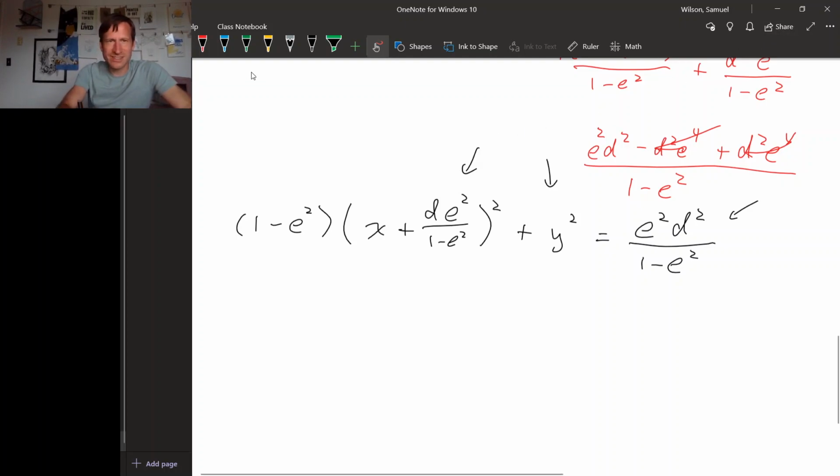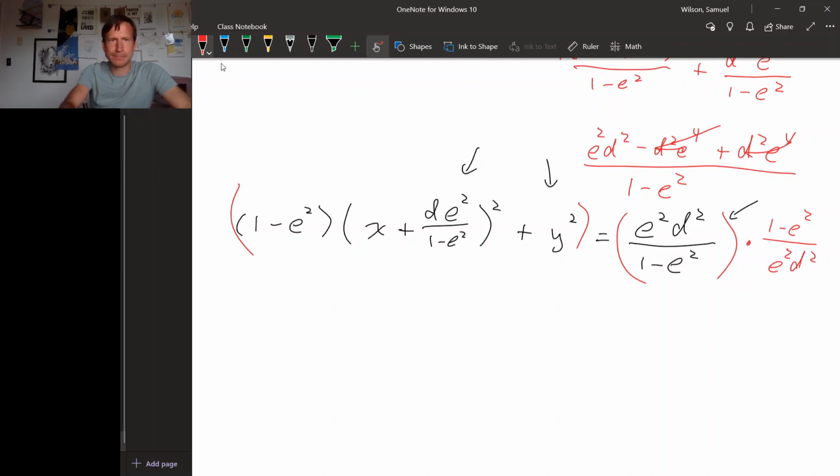So let's just multiply both sides of this equation by whatever we need to make the right-hand side 1. And that would be 1 minus e squared over e squared d squared. Okay, so on the right-hand side, we're going to get 1. We have to do this on the left-hand side as well.